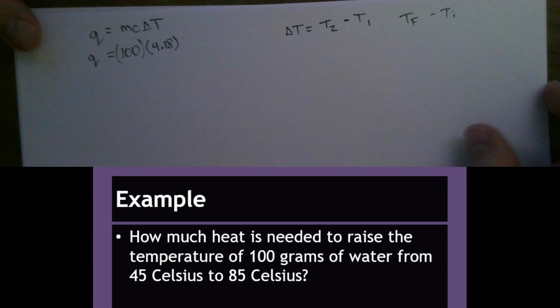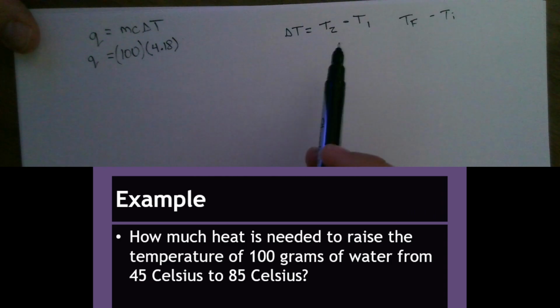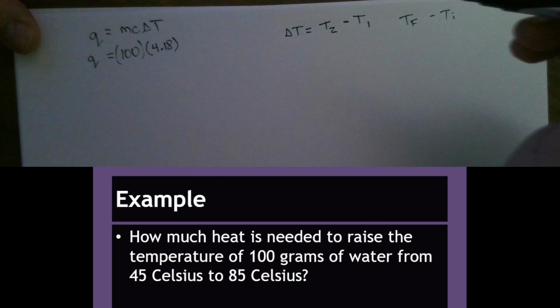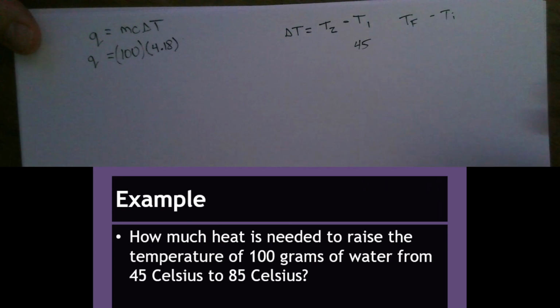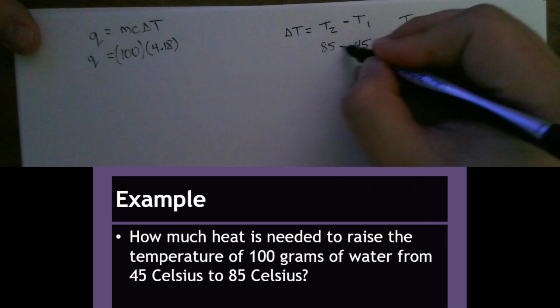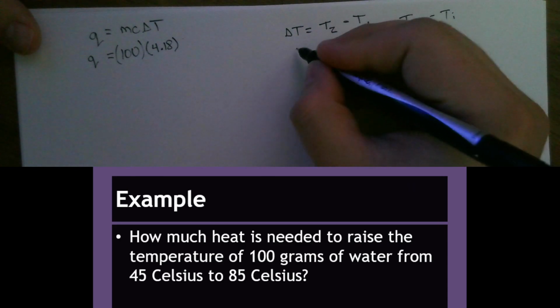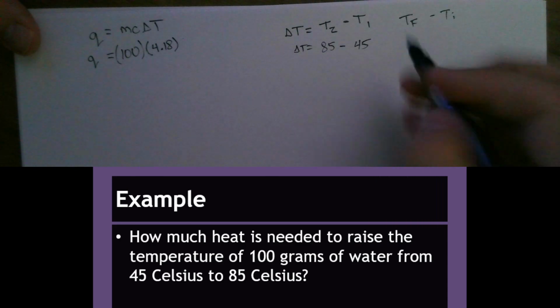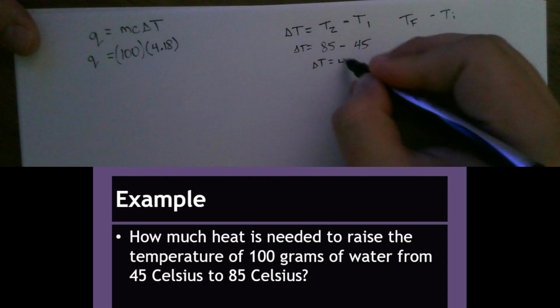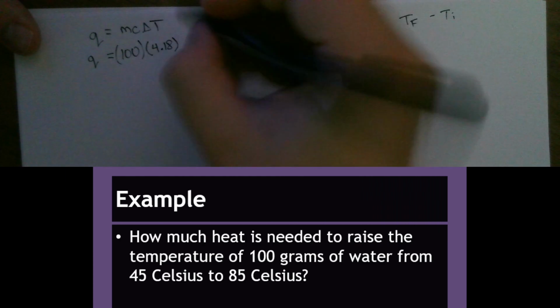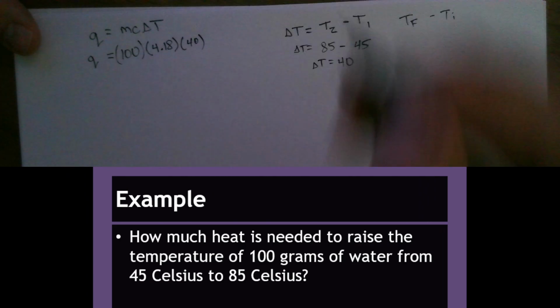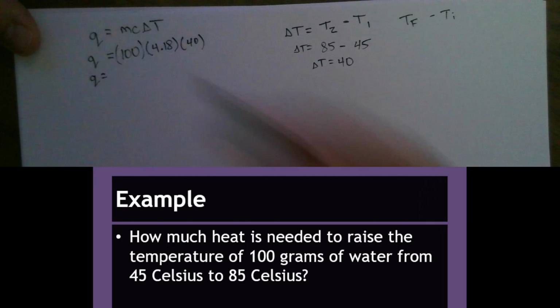Either way is fine. Okay, well in this problem, from 45 degrees Celsius, that would be T1, my initial temperature, to 85 is T2. So my change in temperature equals 85 minus 45, which is 40. My temperature increases by 40. So that's the number I want to plug in here. Well, I just have 3 numbers there.